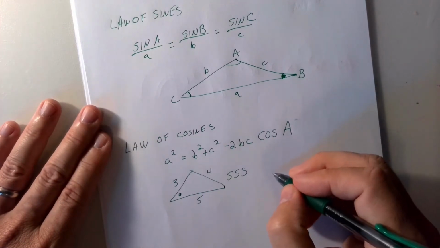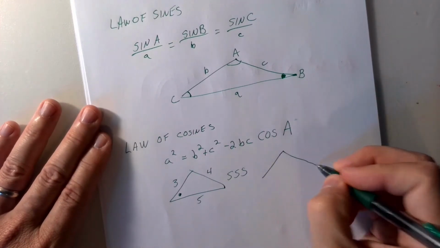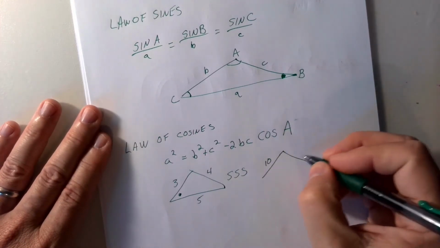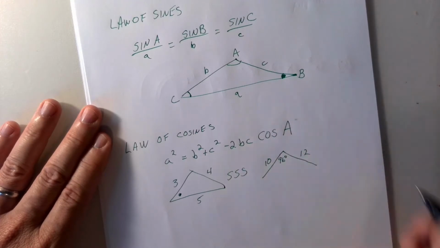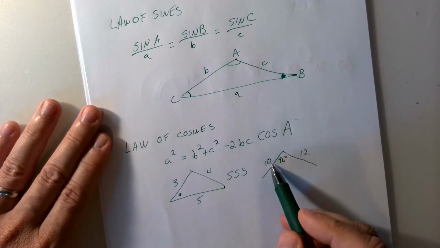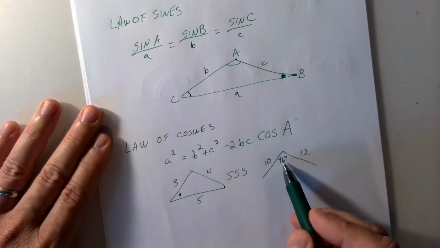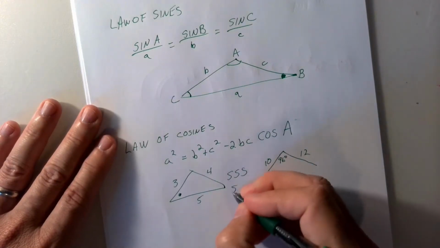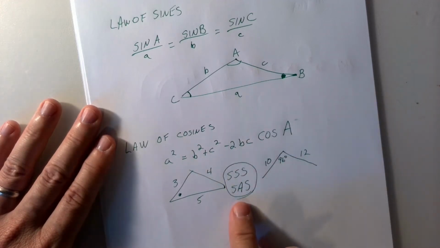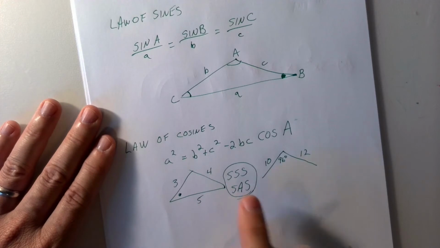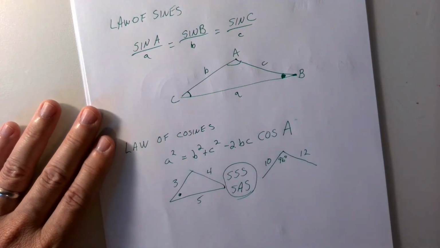The other situation where it works is maybe I have this is 10 and this is 12 and this is 96 degrees. So I have two sides and the angle directly between them, side, angle, side. If I have either of these two markings on my triangles, SSS or SAS, I'm going to use something called the law of cosines.